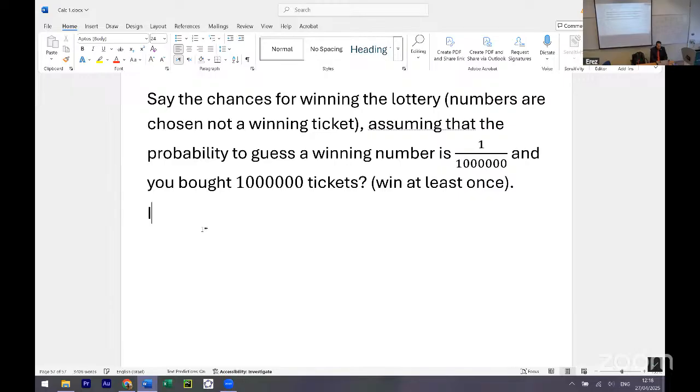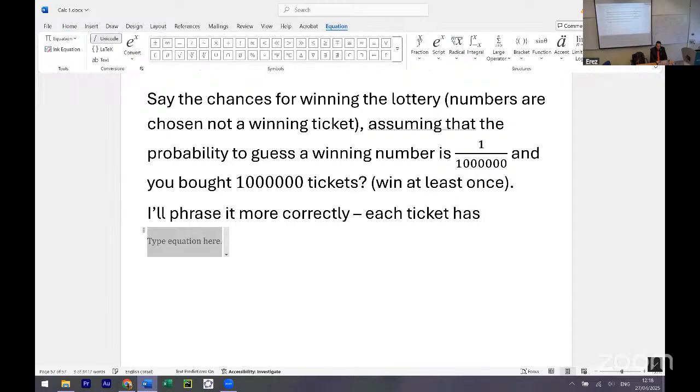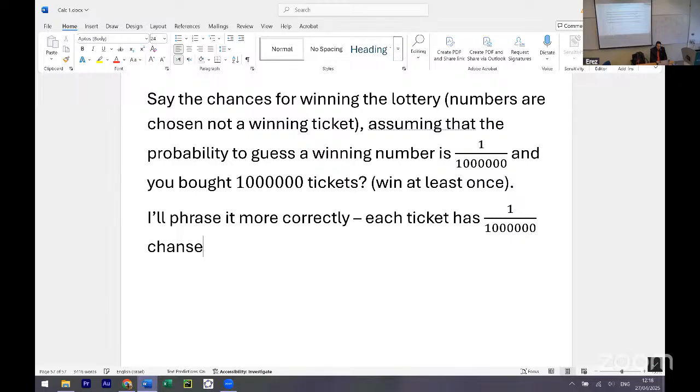And I'll phrase it more correctly. There's a million tickets. Each ticket has a 1 in a million chance to win, regardless of any former events.